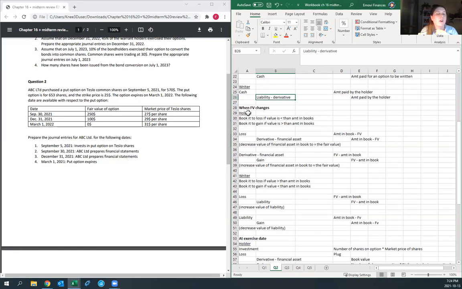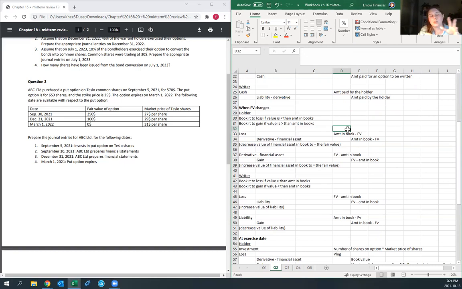When the fair market value changes for the option, the holder books a loss if the value in the market is less than the amount in their books. So they want to bring it down to the value on the market. And they book a gain if the value is greater than in their books.